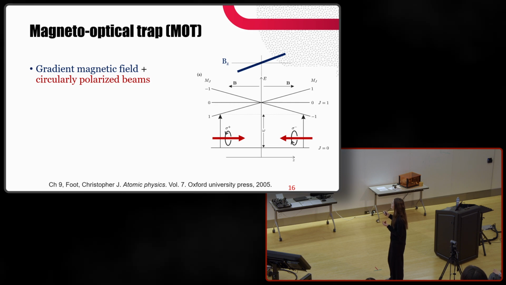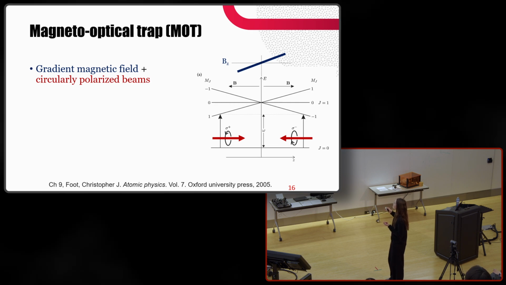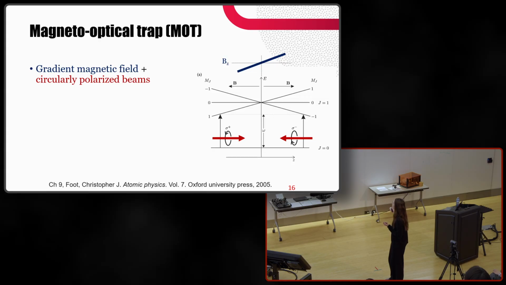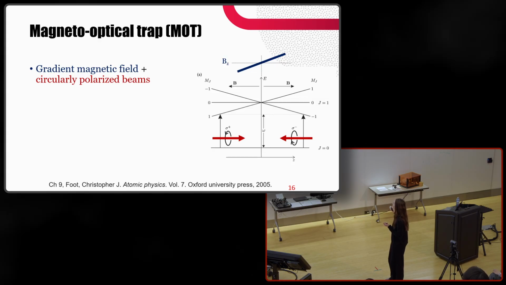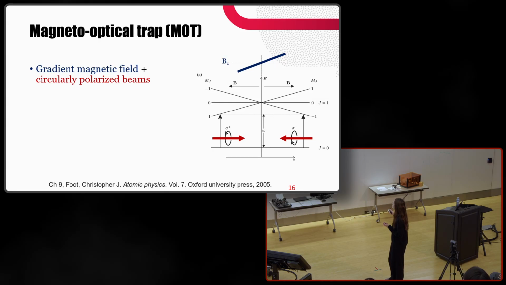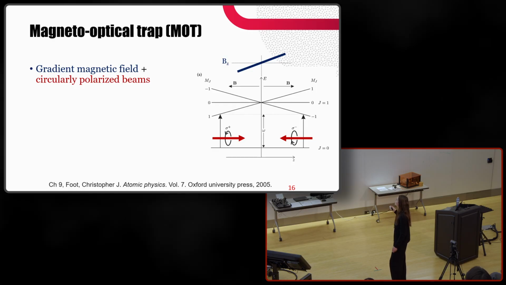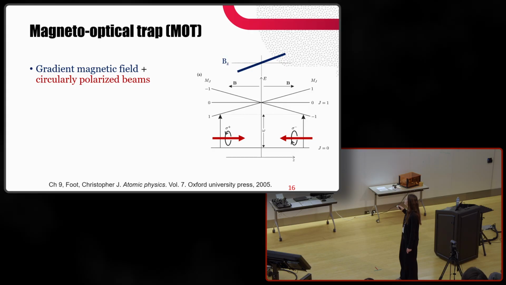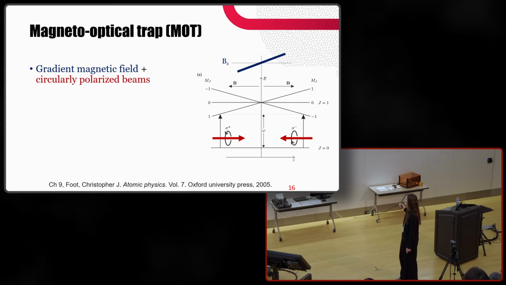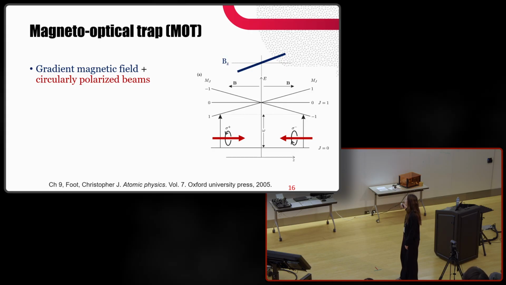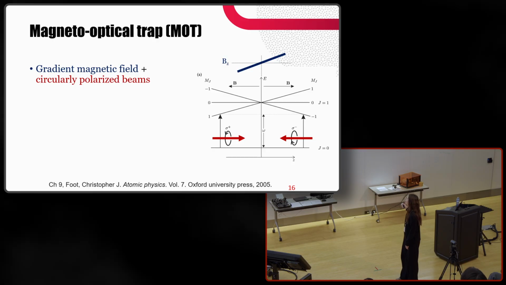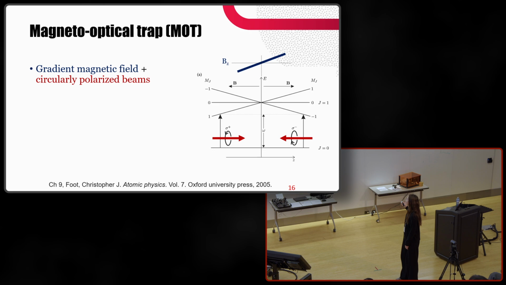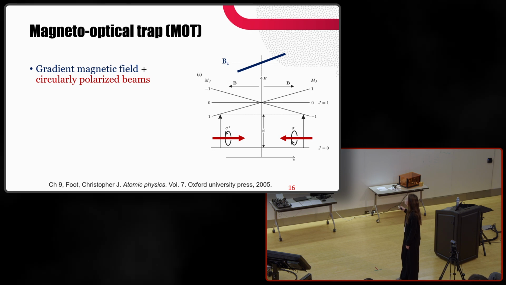If you imagine, for example, a magnetic field with a gradient component along the z direction, positive here, negative here, your different magnetic sublevels will move up or down depending on the state. Therefore, for example, if you have an atom on the positive z coordinate, with again a red-shifted laser beam, your radiation will be on resonance with the transition which corresponds to sigma minus, while it will be much off resonance for the transition with sigma plus.